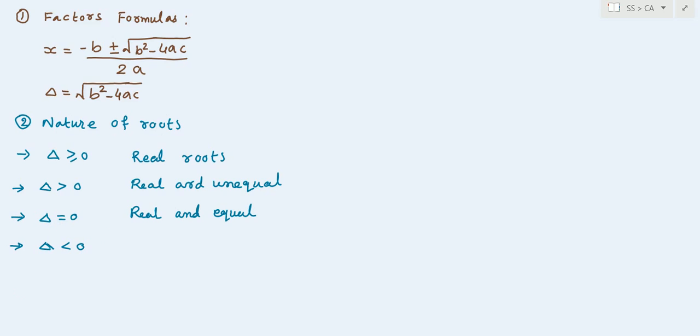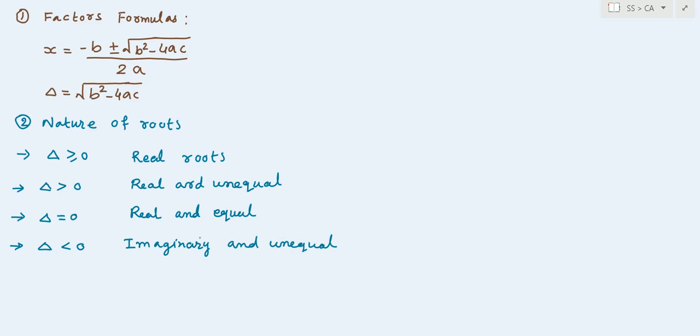Delta less than 0, the roots are imaginary and unequal.